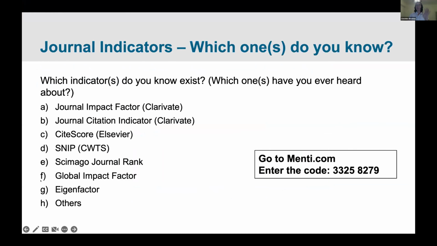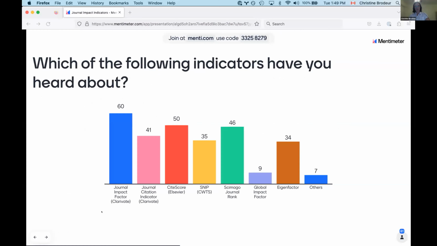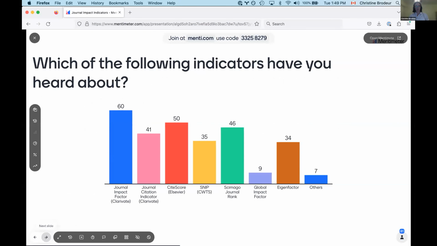My next slide, and stay in Menti, please. We'll have a couple. If you come out, I'm not sure if you'll be allowed to come back, so hopefully you will. Sometimes you will be able to put it in the chat as well. So next question: which one do you really know? Definitely JIF is the most well-known one.